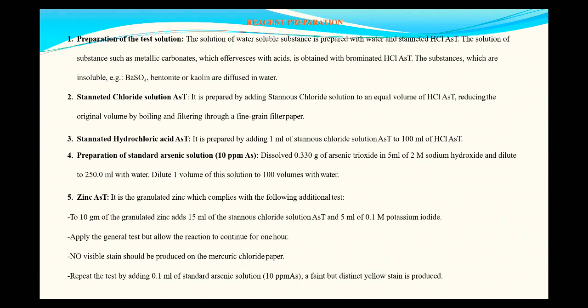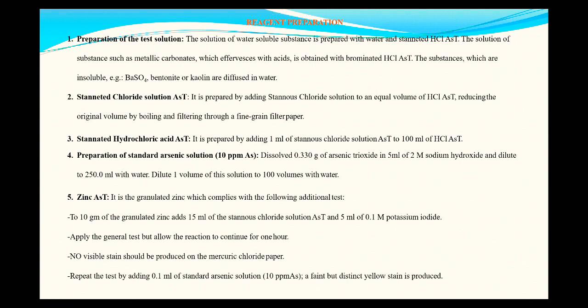Next and fifth, zinc. It is granulated zinc which complies with the following additional test. To 10 ml of the granulated zinc, add 15 ml of stannous chloride solution ST and 5 ml of 0.1 molar potassium iodide.